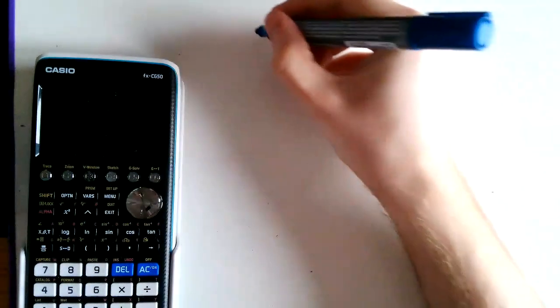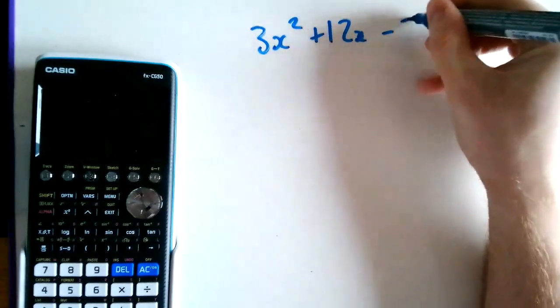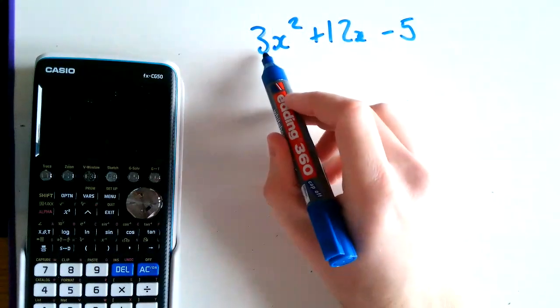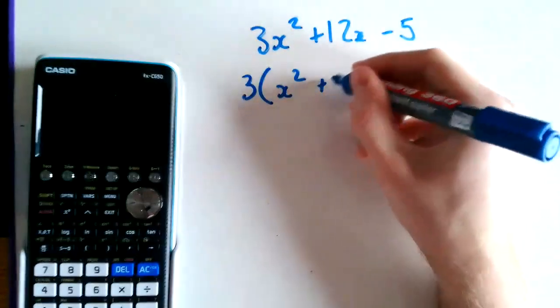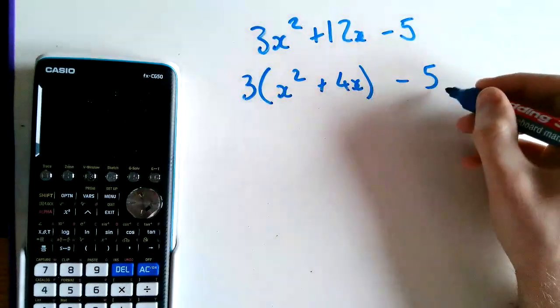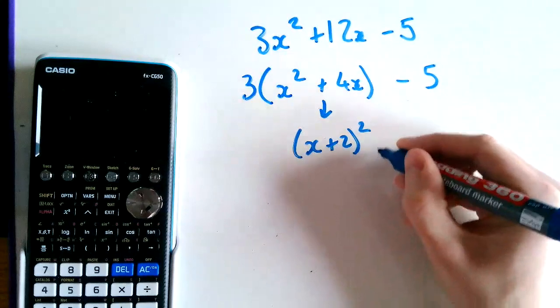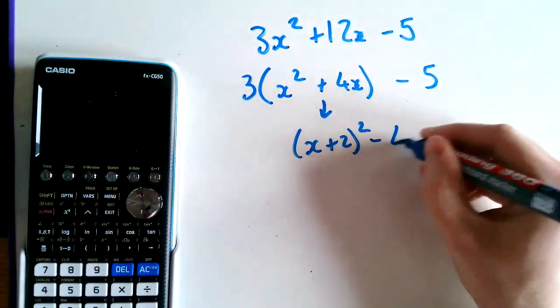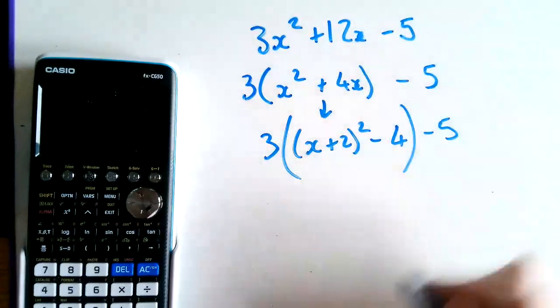Fourth one. Complete the square form. I haven't asked that for a while, so let's see if you can remember. So I don't want the 3 there, so I'm going to factorize out the 3. Remember, I'm going to ignore the minus 5 for a minute. I'm going to ignore the 3, ignore the minus 5, and complete the square there. To get x plus 2 squared, I have to take away 2 squared, which is 4. Now I'm going to times all of that by 3 and take away 5.